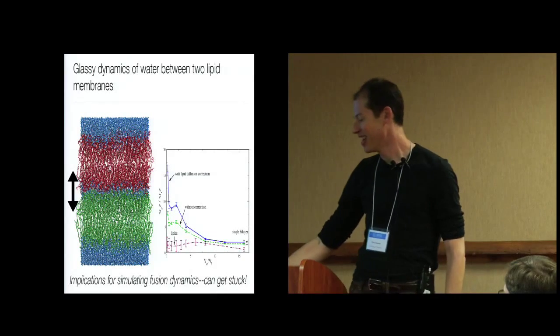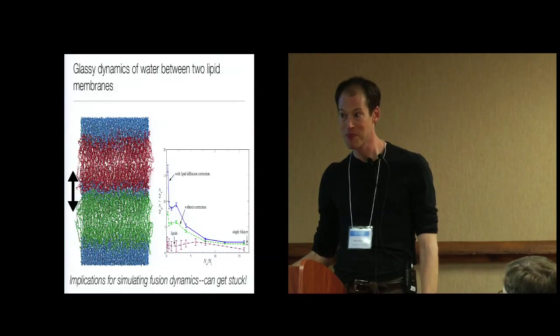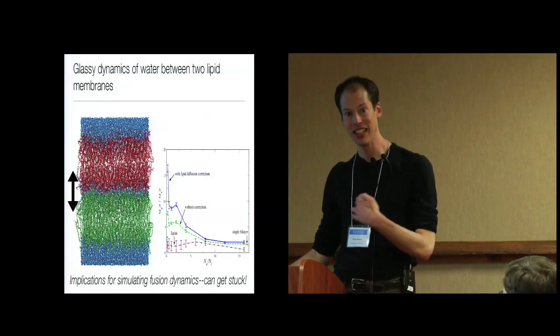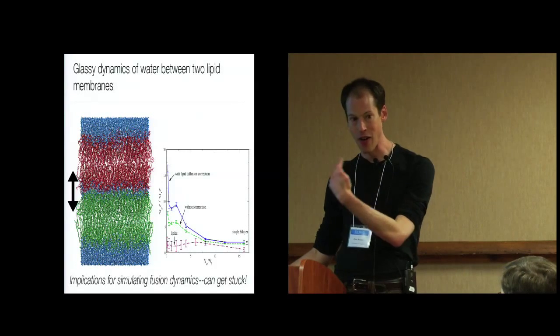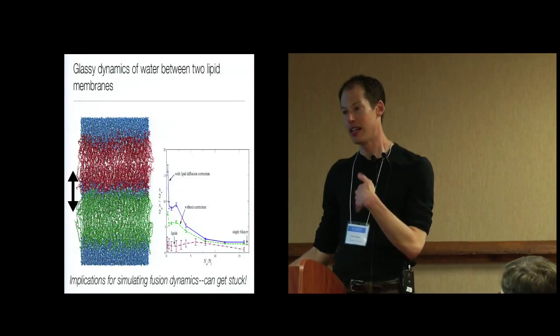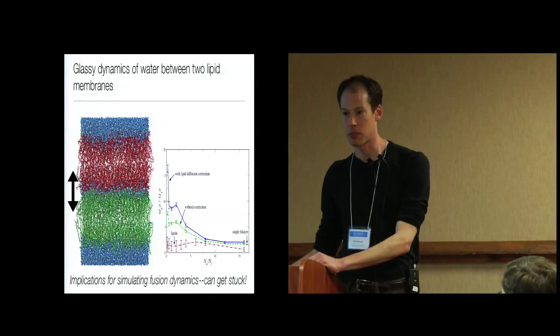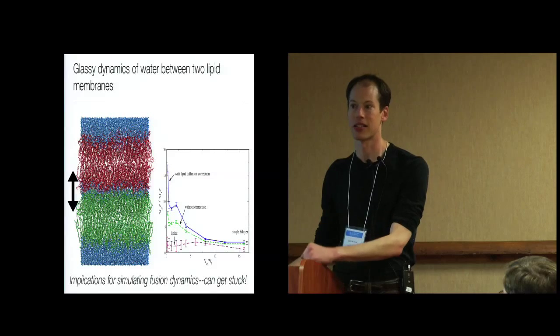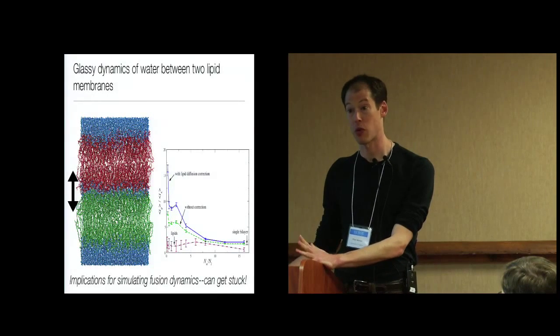So that's been, I'd say, a good story of making lemonade. And we think we have a sense of what's going on here. We now have some tricks to essentially use still unbiased simulations, but some sampling approaches to get past these transitions and see what the next major barriers are.